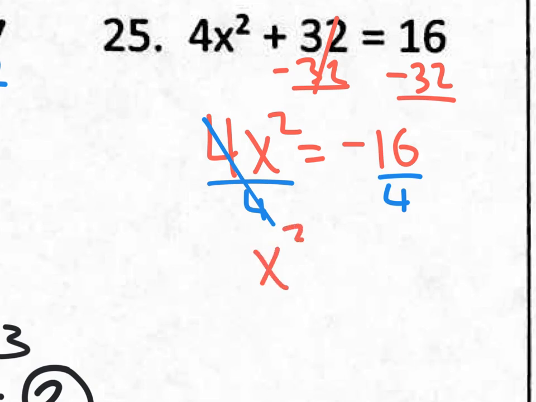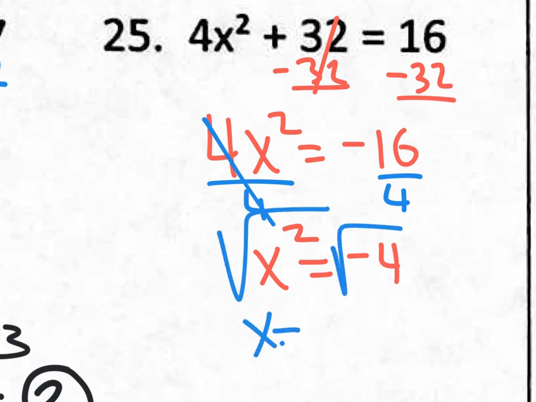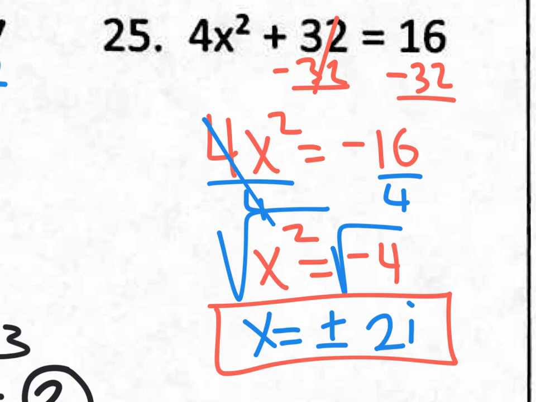I will have x squared equals negative 4. And then I want to get rid of the square, so I'm going to apply a square root. x equals plus or minus. Now, you should all know that the square root of negative 4, it's not a real number, it's an imaginary number, 2i.